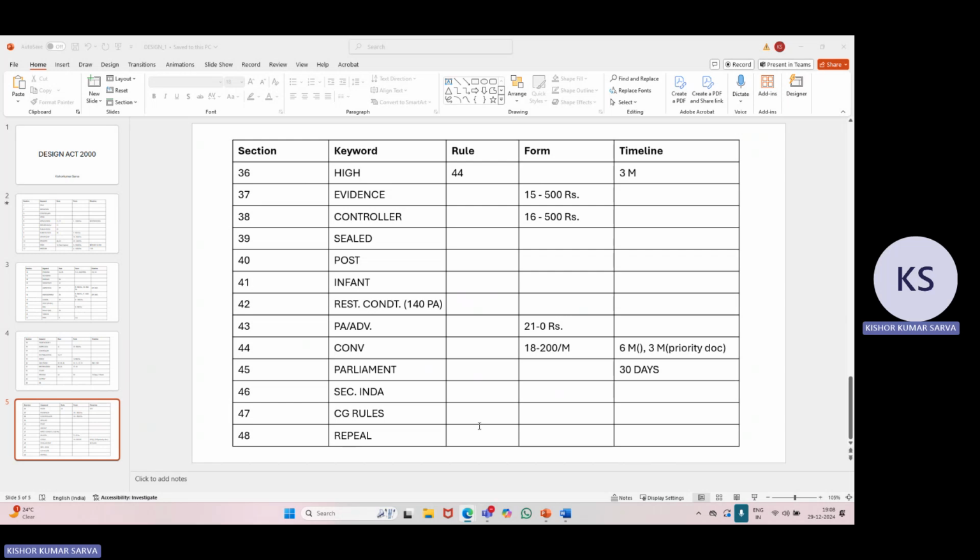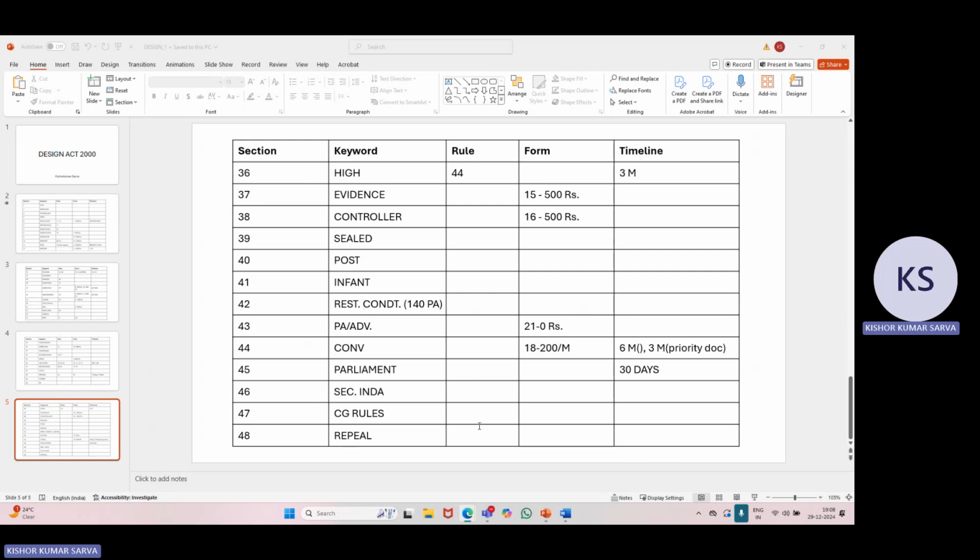And if you want sealed documents through patent office, then you have to file form number 16 under section 39 with 500 rupees.